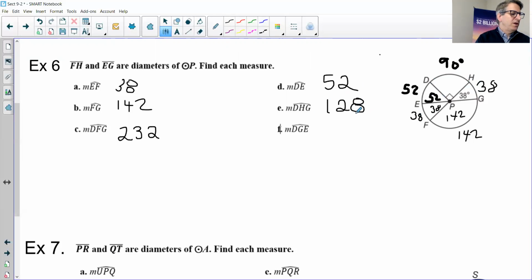And the measure of DGE: DG all the way around to E, we take 360 and subtract 52, and you get 308. So 308 is the measure of that arc.